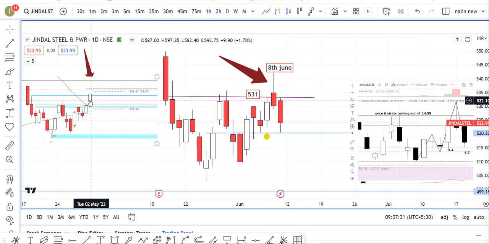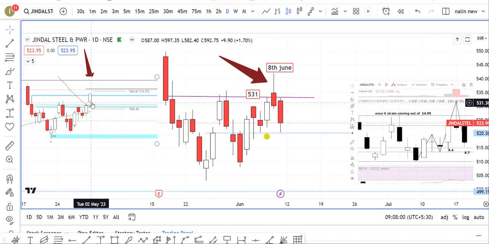Another thing that happens in the live market is that it has happened within 30 minutes to 1 hour. Within 1 hour it has gone 2%, so let me show you the ATR.